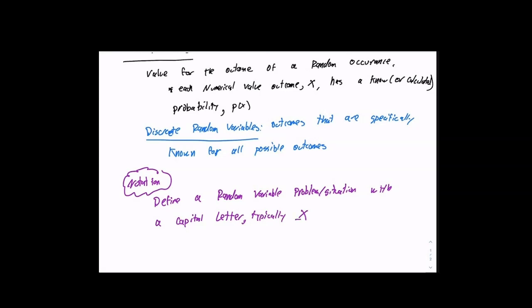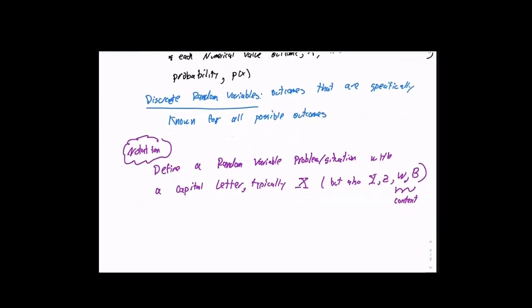Typically capital X, but also Y, Z, W, B. These ones might be more for context. So if we're talking about somebody's weight, we might use a W. But typically in a problem, we'll just use X and Y. In the problems that we're going to be doing today, we're just going to use the random variable X. It's just like how you do problems, you define the input as X and so forth.